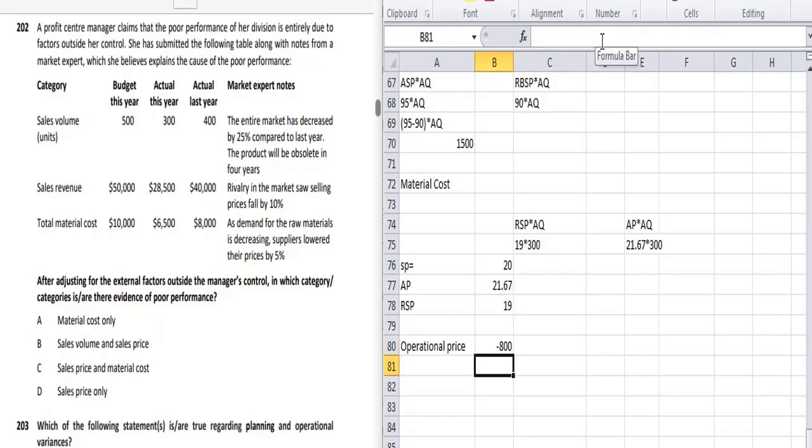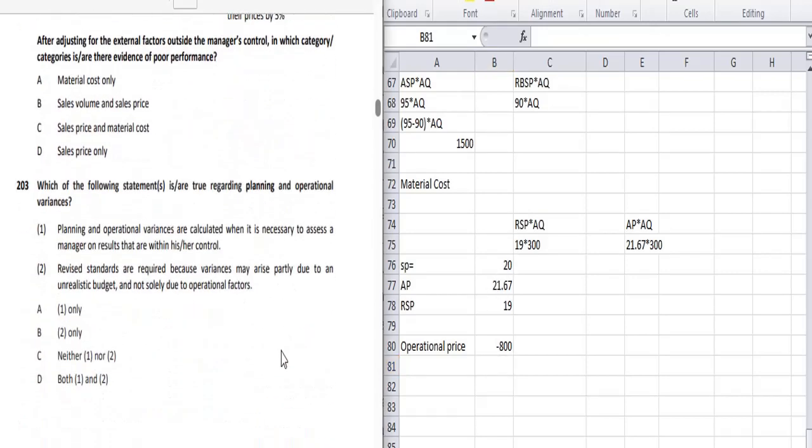Yeah, sorry, it's 800 adverse. I had mistakenly taken 20 instead of 21.67. Okay, so moving ahead to the next question.